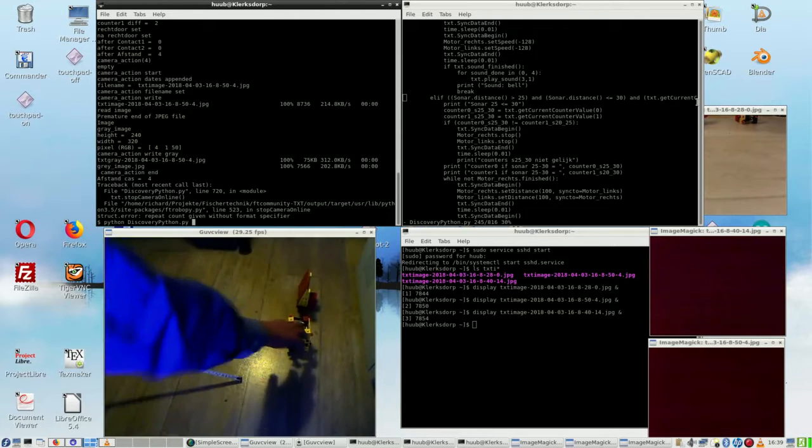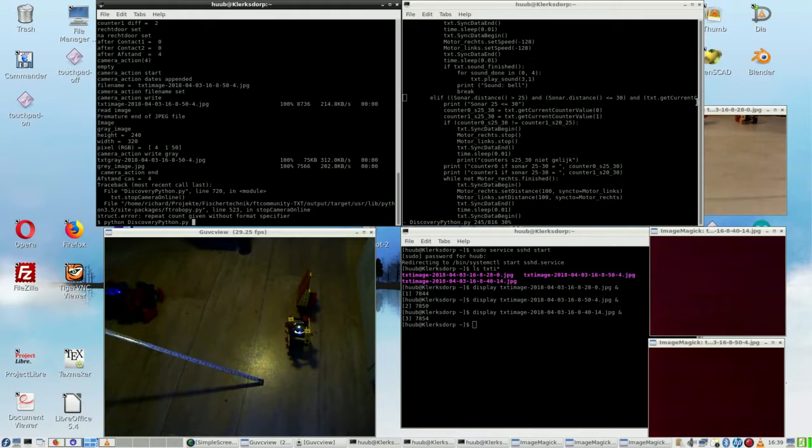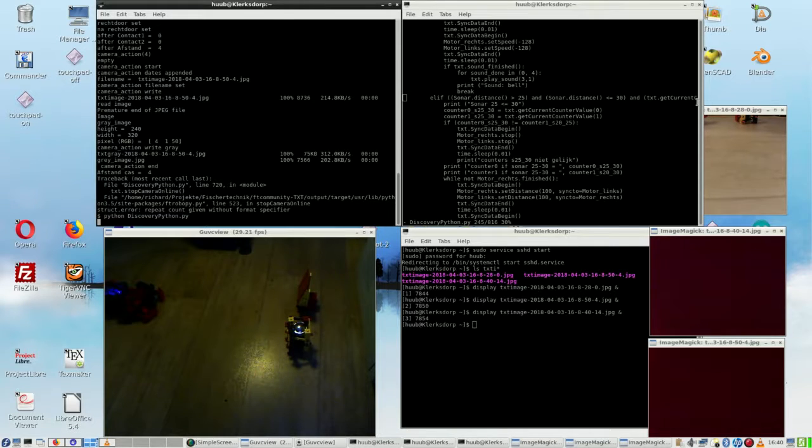No, not necessary, because sonar is not necessarily straight ahead. It has an angle at 30 centimeters. So the first one should be taken around here. Let's see how that works out. Roll.